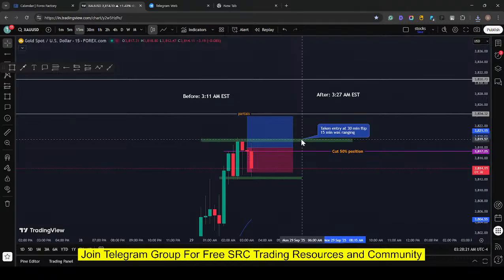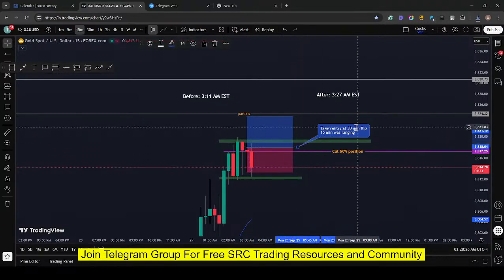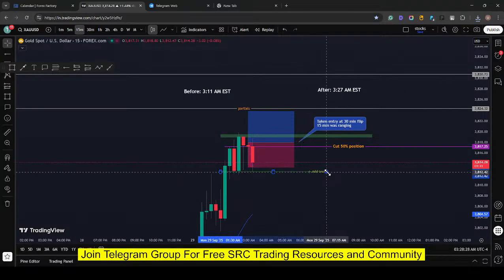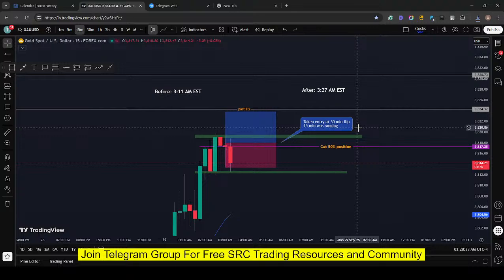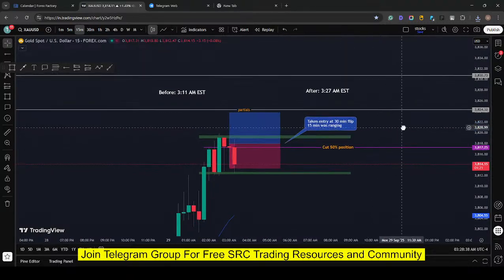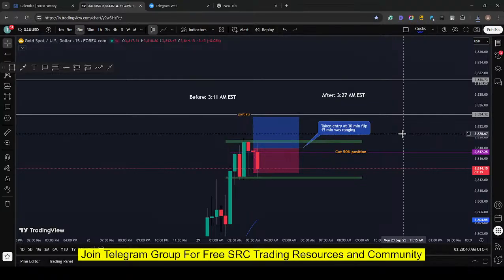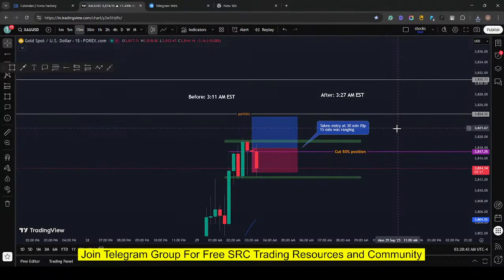So it is what it is. So we managed our risk. That was a good thing. We managed our 50% position right there. So a small loss. I was already running on 50%. I took only this position by risking my 50%, and of that 50% position, we managed our risk.